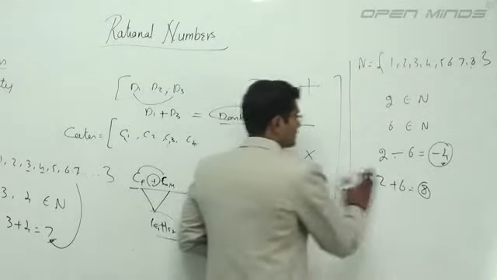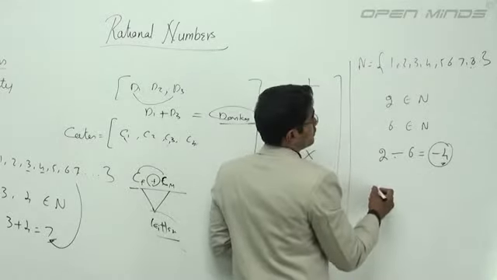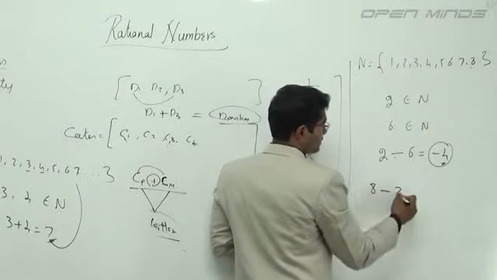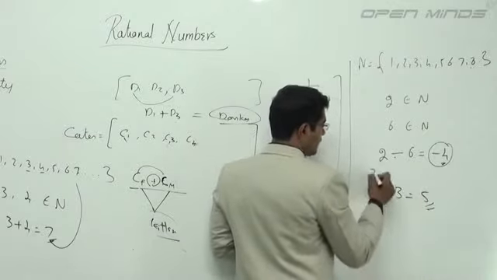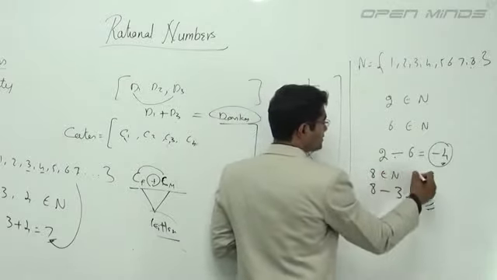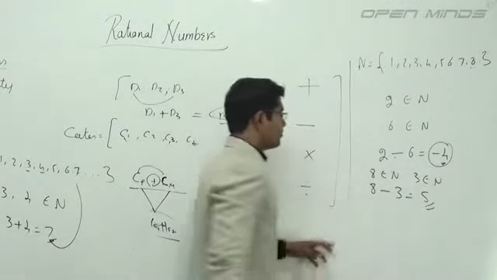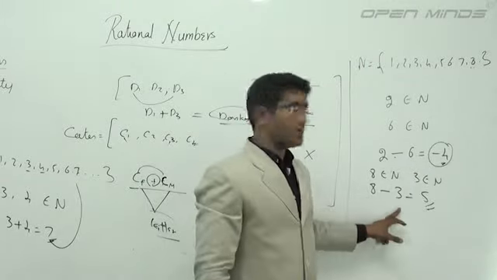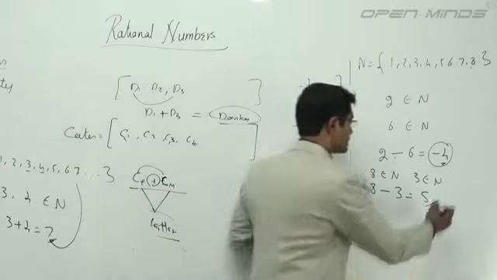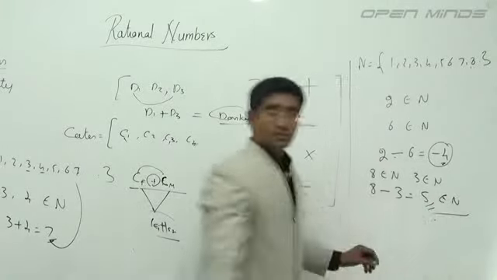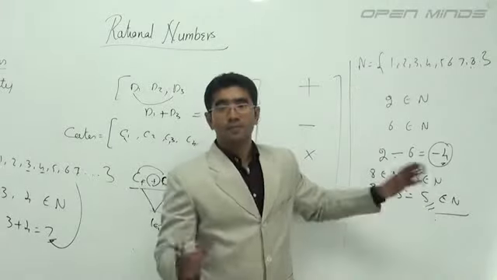Now some people can say, if I take 8 minus 3, that is 5, where 8 is a natural number and 3 is also a natural number, and I do the subtraction, I'm getting 5, which belongs to N. Correct? So why can't this hold? The argument is, every time I do this operation, you should get a natural number.